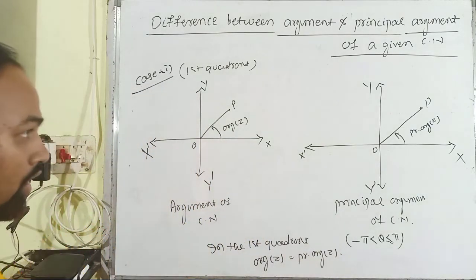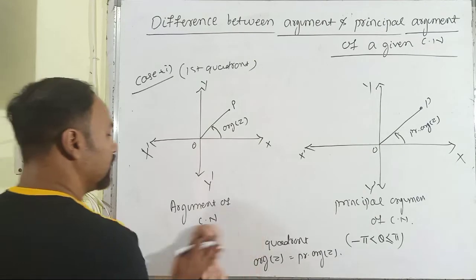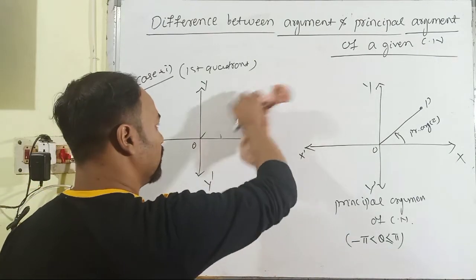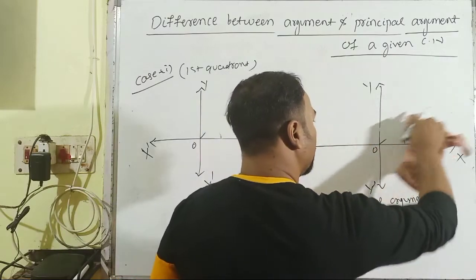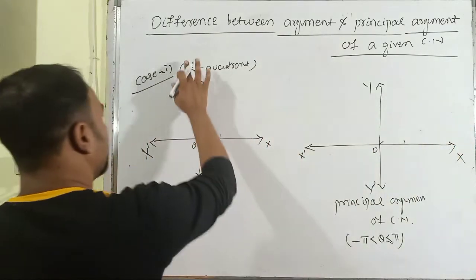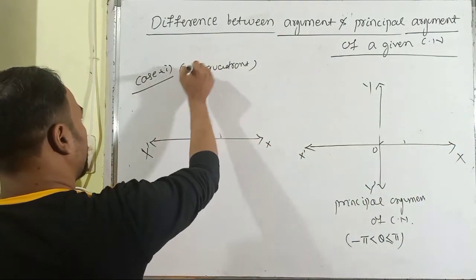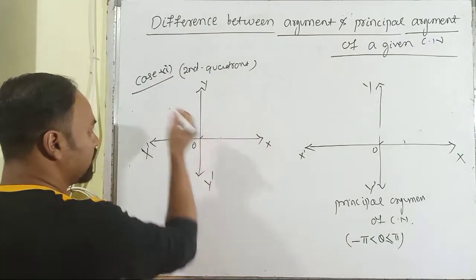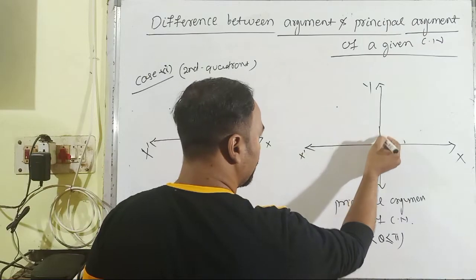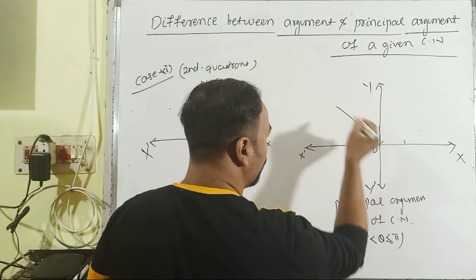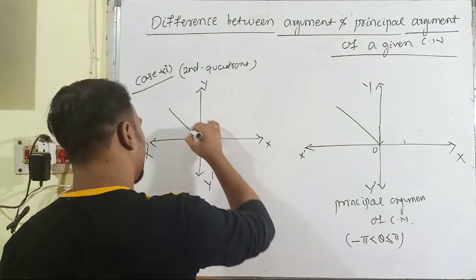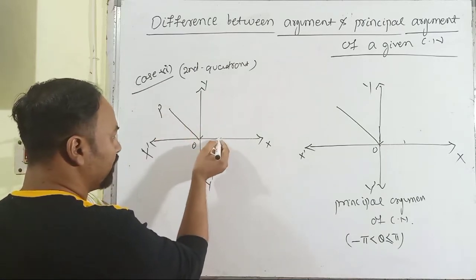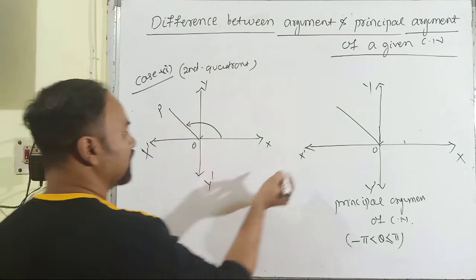Then moving to the second quadrant, it is case number 2. Suppose this point lies here. Then we have to find the angle of rotation, or measure of rotation, of OP from the positive direction of the x-axis.